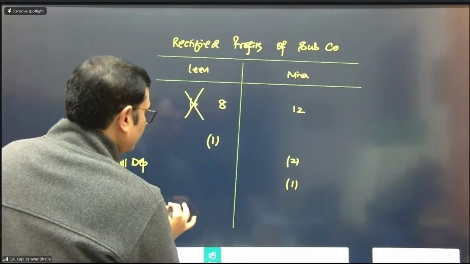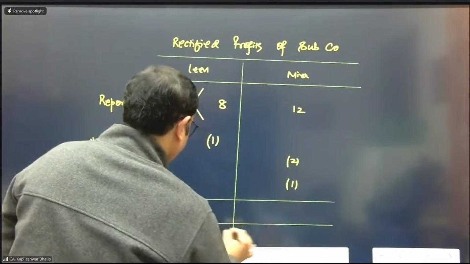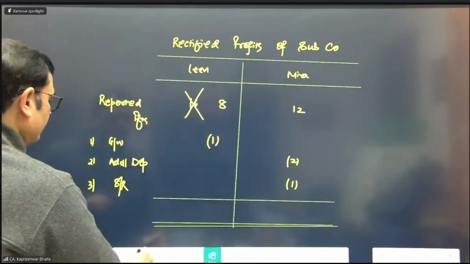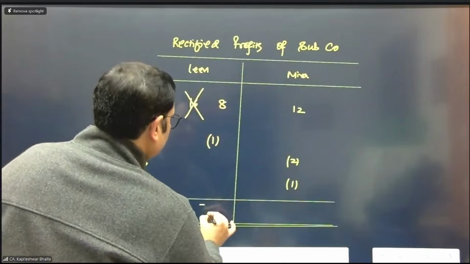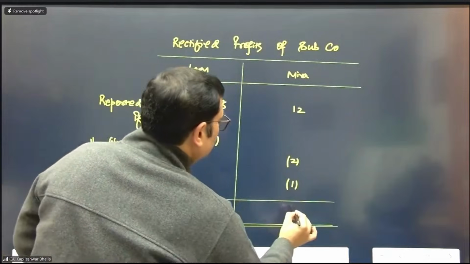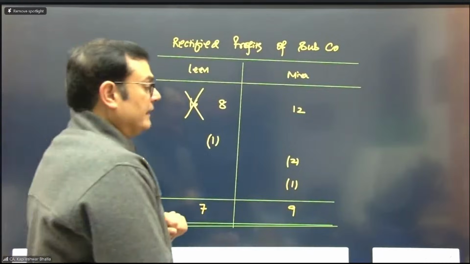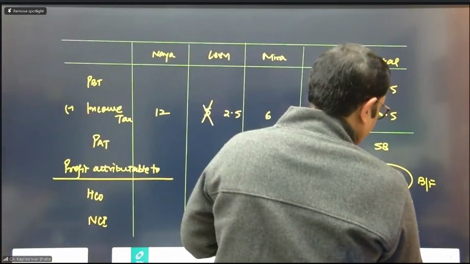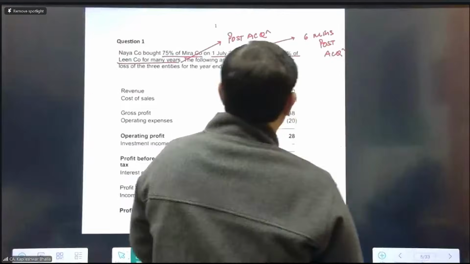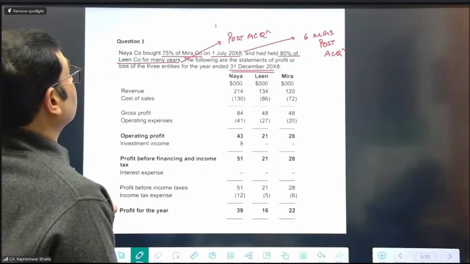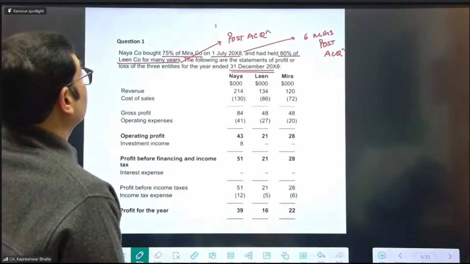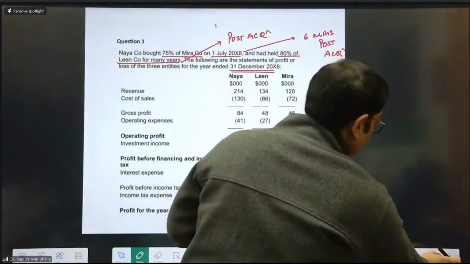Let's get the rectified profits. This is going to be 7 and this is going to be 9. Now we can consider the share of the NCI. Mira is 25%, Lean is 20%.